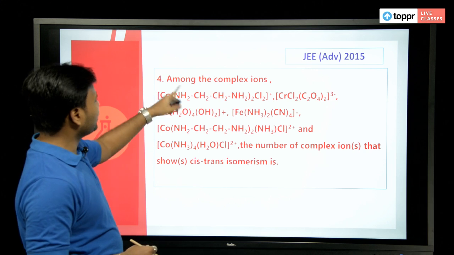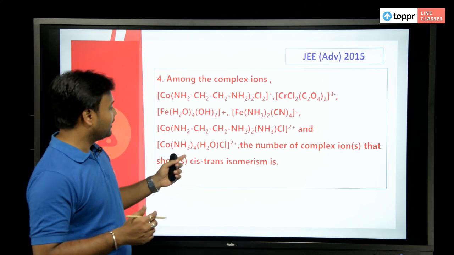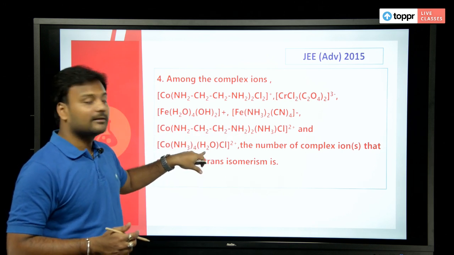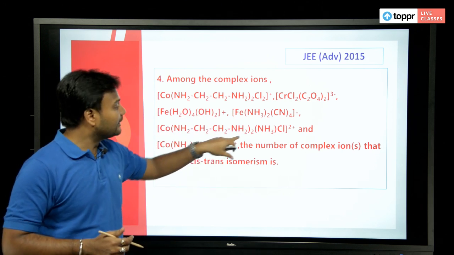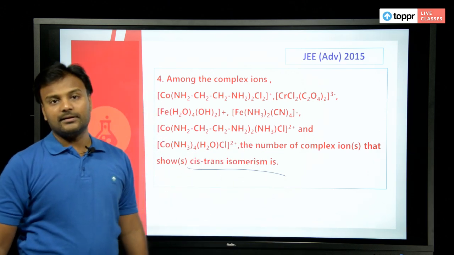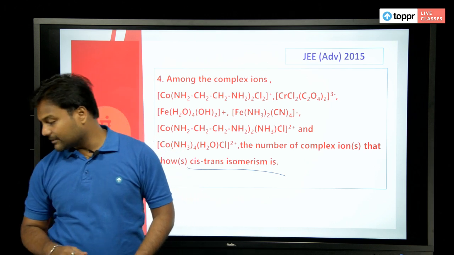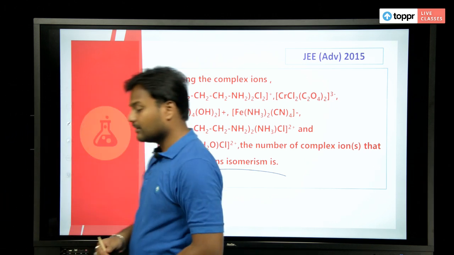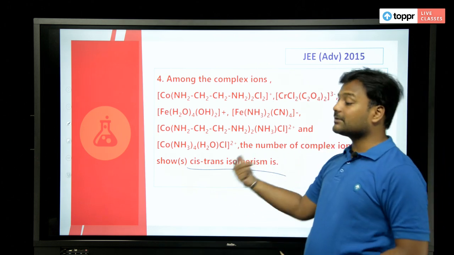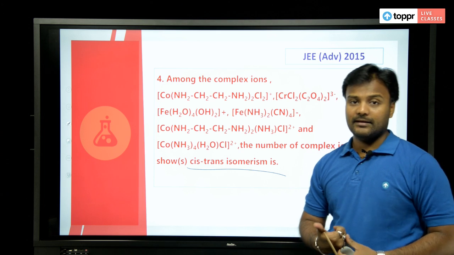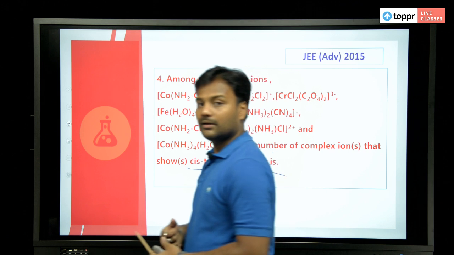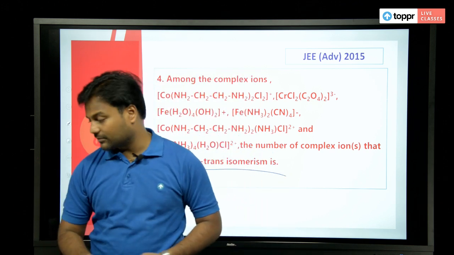Among the complex ions, so this is something tricky where 1, 2, 3, 4, 5, 6 complexes are given, the number of complex ions that exhibit cis-trans isomerism. Think about it, what will be the answer? Look at the compounds, try to write down the structures.